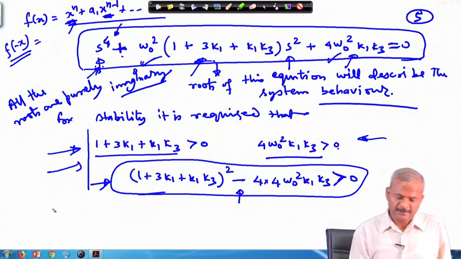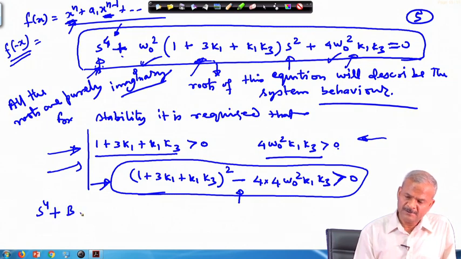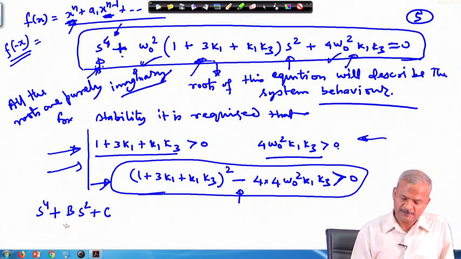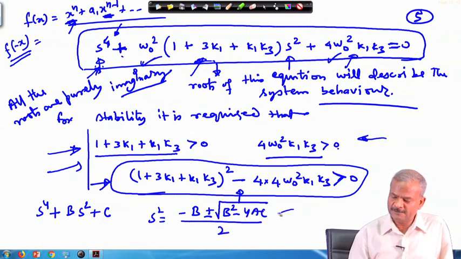What I mean is that we have written s to the power 4, and if I write the equation like this, b s square plus c, you can write s square equal to minus b plus minus the square root of b square minus 4 a c, divided by 2. This is the part we are talking about.